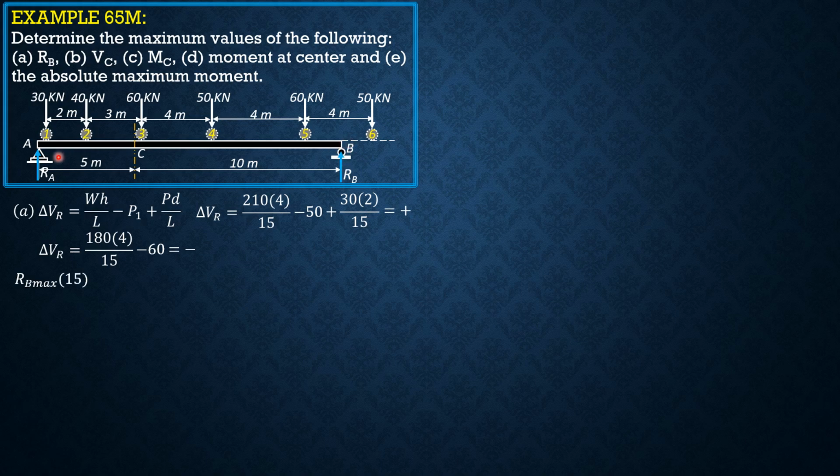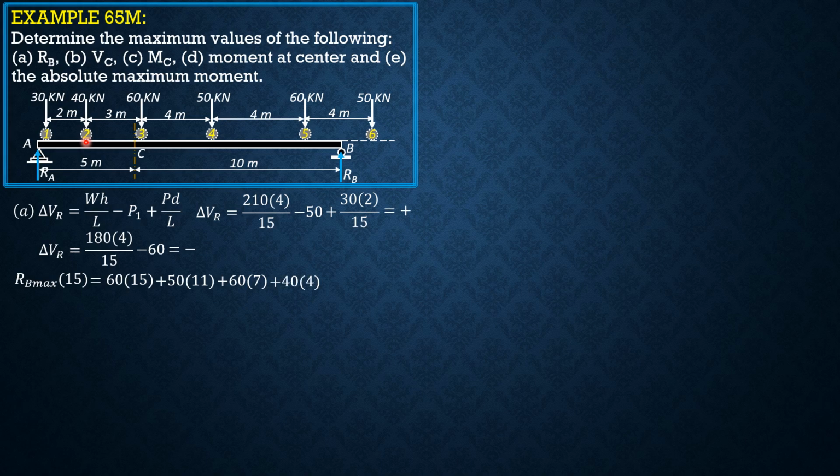So summation moment about A equals 0, RB times 15 equals, take note, load 5 is over B, so equals 60 times 15 plus 50 times 11, because 15 minus 4 is 11. 11 minus 4 is 7, so plus 60 times 7. 7 minus 3 is 4, so plus 40 times 4.